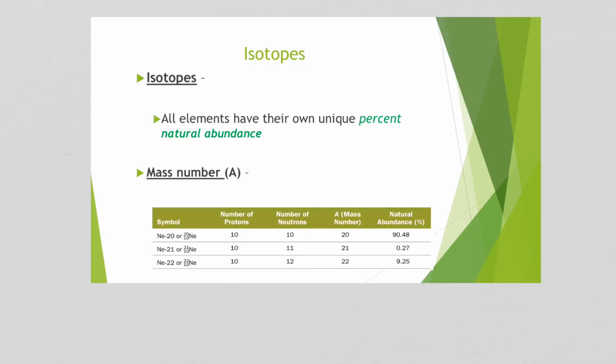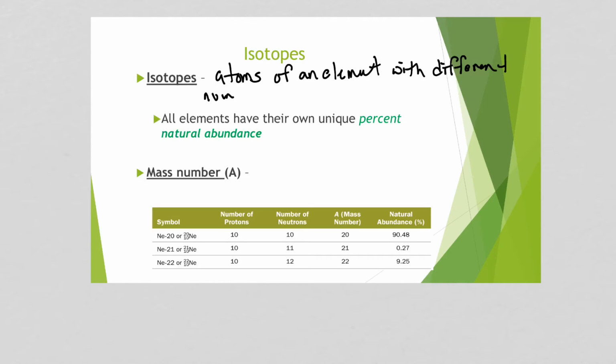So isotopes are atoms of an element with different numbers of neutrons.